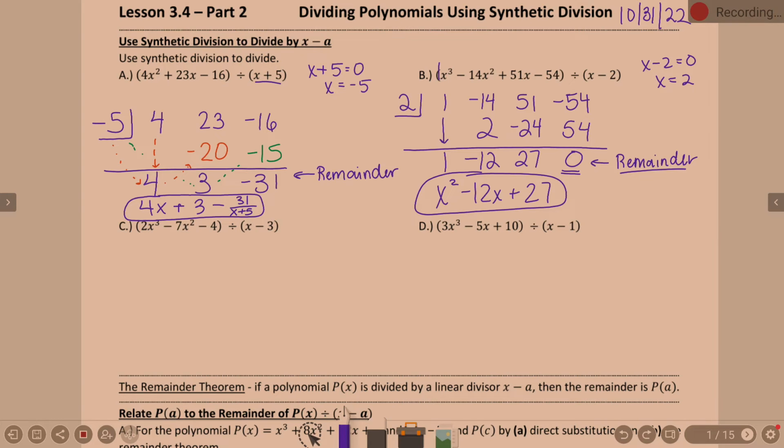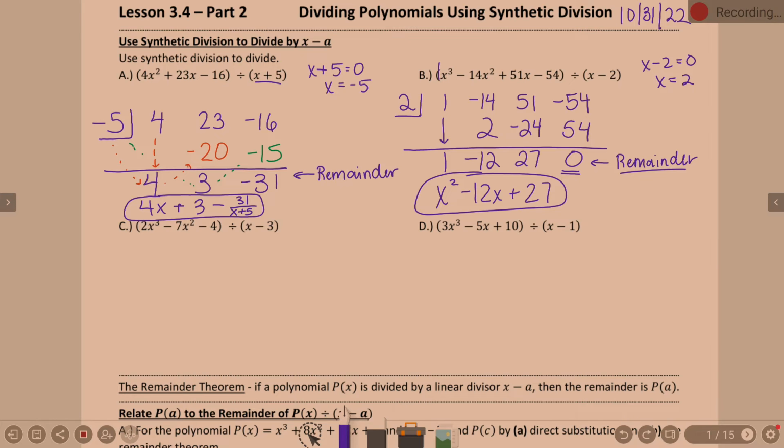Did I get your question in there somewhere, Landon? So some success there? So we don't make that 2 negative in the beginning? No. The number you're putting in the box to divide by is always going to be, since it's coming from a linear binomial, the opposite of the sign in there.